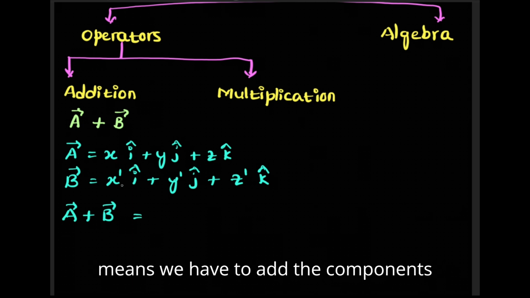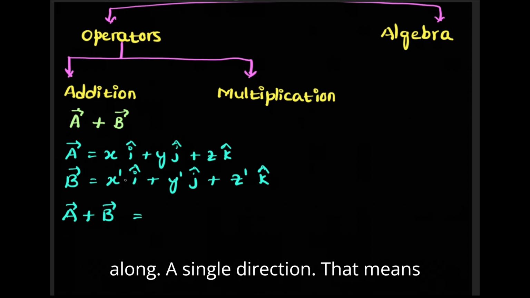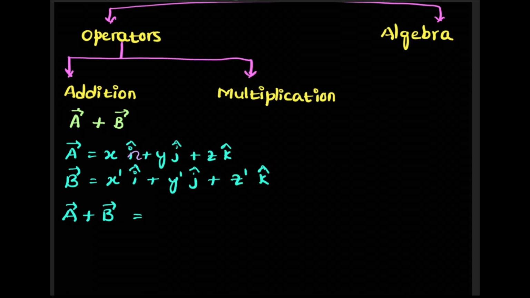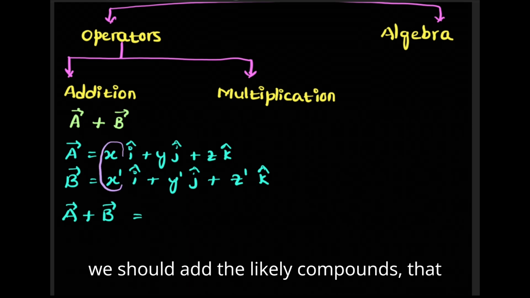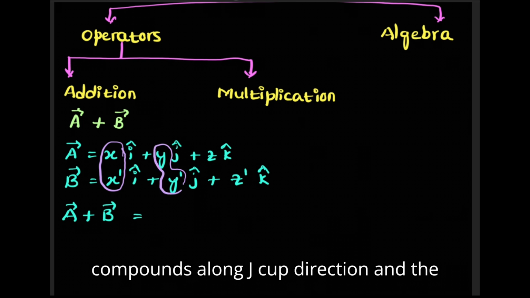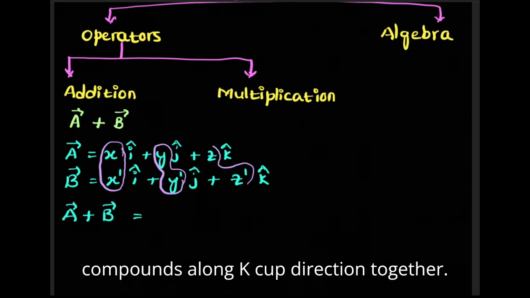That means we have to add the components along a single direction. That means we should add the like components, that means the components along i cap direction, the components along j cap direction, and the components along k cap direction together.